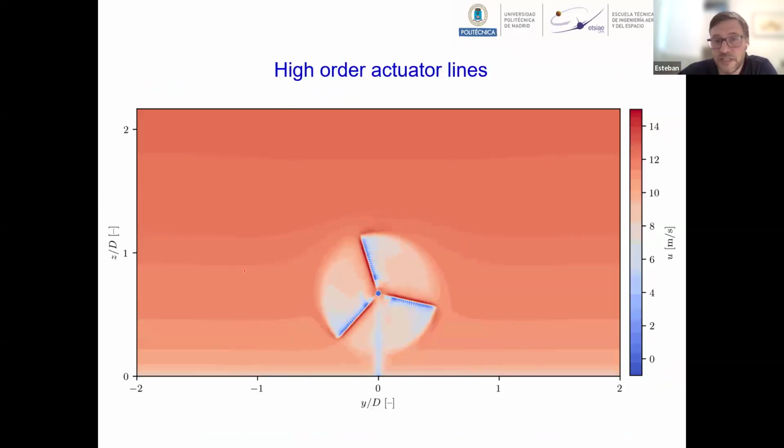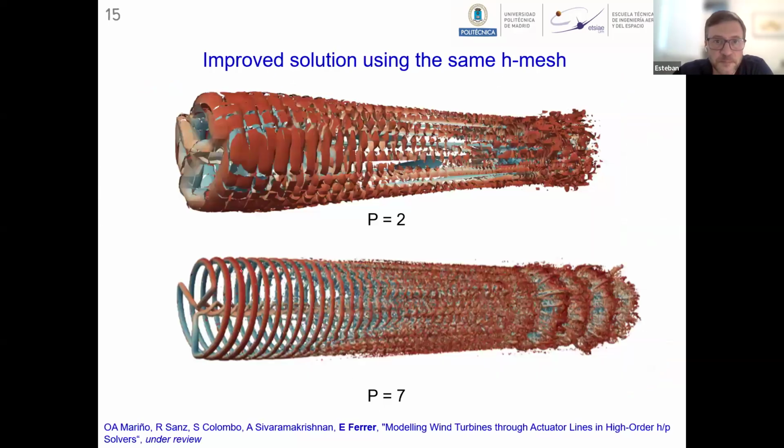Right, so if we run these simulations, what we see is that indeed the blades are rotating. That's okay. And what happens with the accuracy, that's the interesting part. Since we can change the polynomial order, we check what happens. P2 will be this very smeared surface of the vortex. But when we increase the polynomial to reasonable values, P7, we get the right physics with a clear distinct tip vortex here.